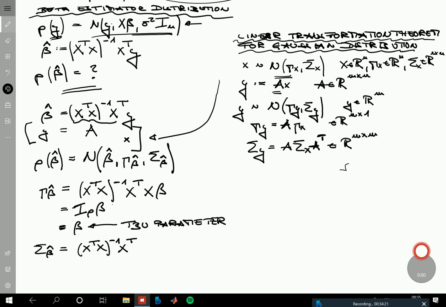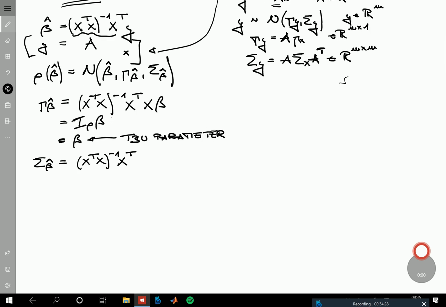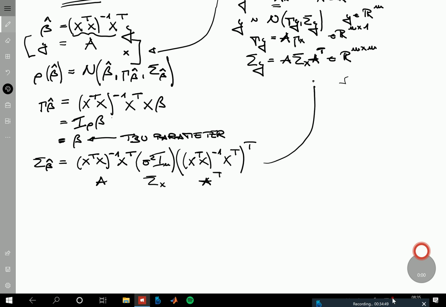Not delta, sigma. Sigma times that. So this is what we put here. And then we need the transpose of this. So this is our A, sigma_x, A^T. Yeah, so this is what we are doing right now.